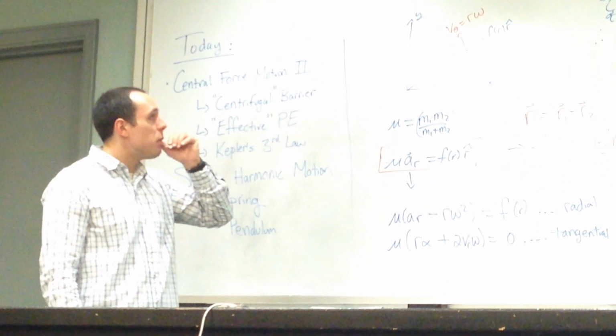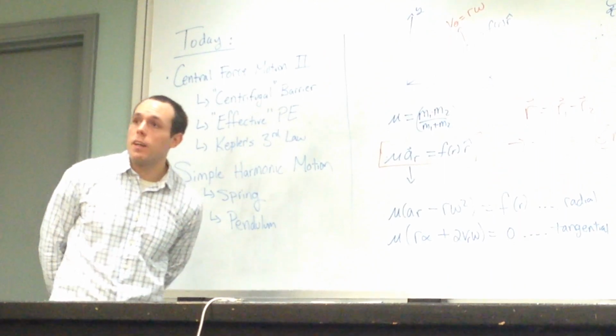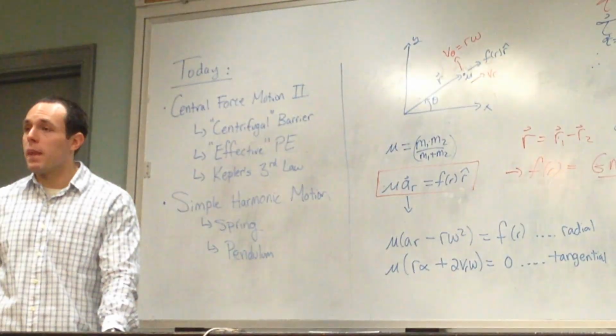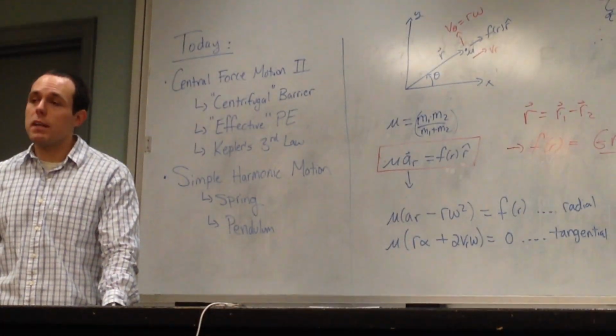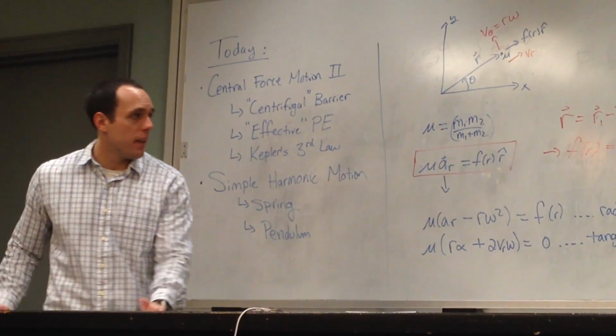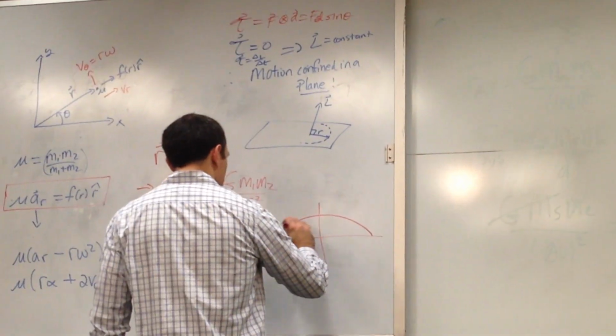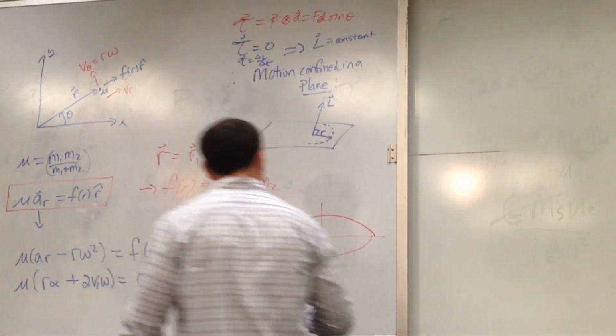With that, we basically saw Kepler's first law, for which we have not yet defined fundamentally why. Kepler's first law was that all planetary orbits are ellipses. And the basic idea of an ellipse, to remind you, is that it has a major axis and a minor axis.